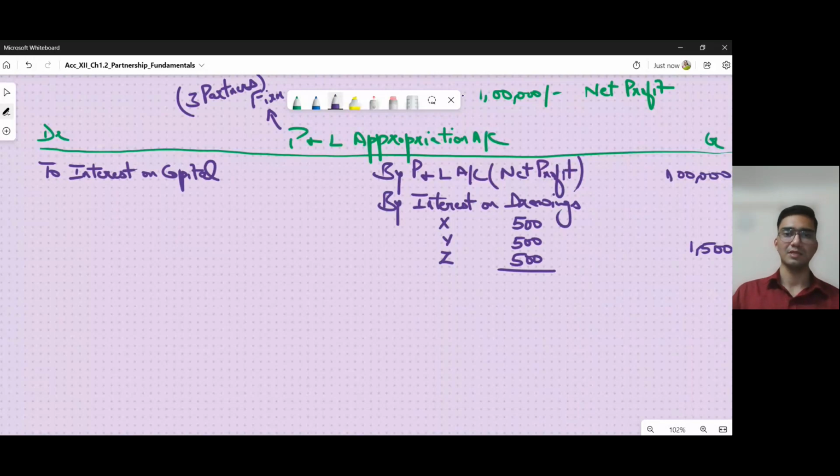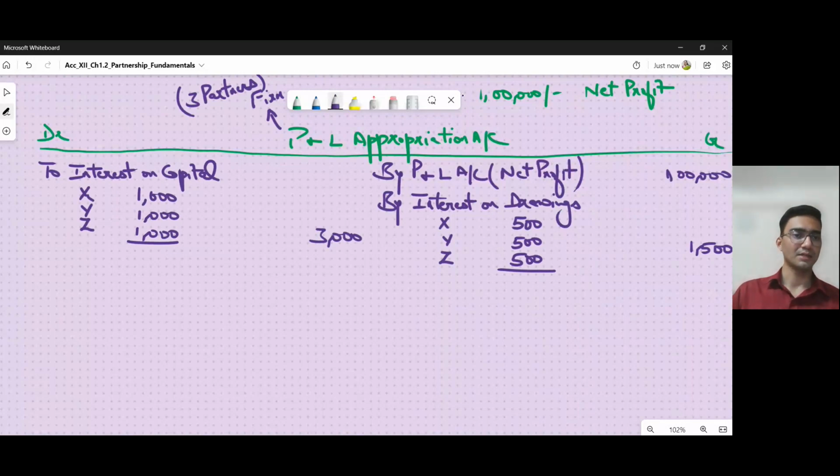For this firm, the first expense will be interest on capital. Let's say there are three partners again, and all three are getting interest. And let's say the interest is 1000, 1000, and 1000. So altogether it is 3000, which we will write in our outer column.